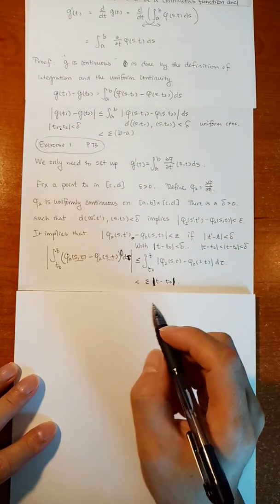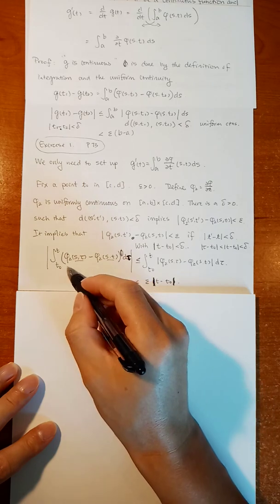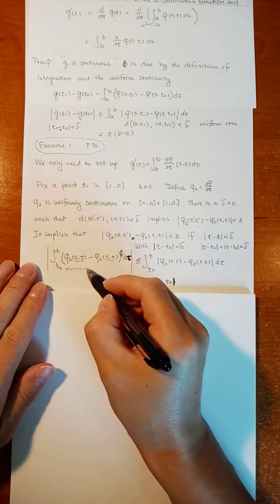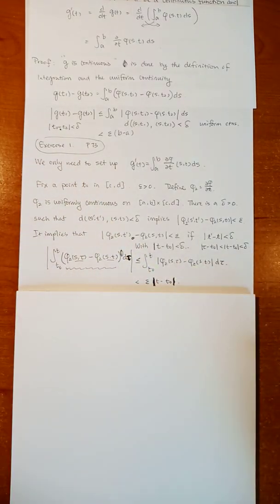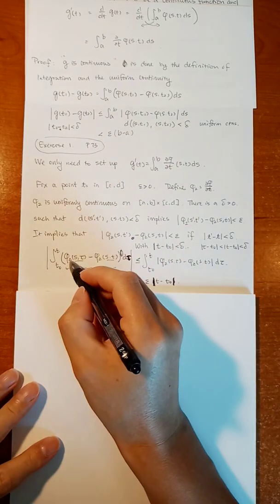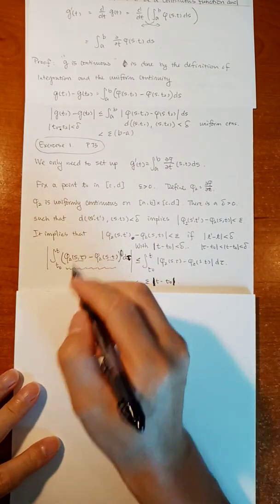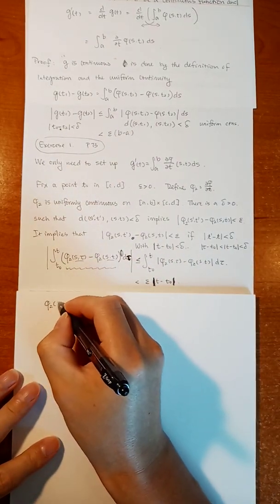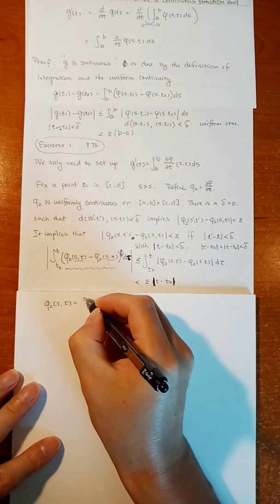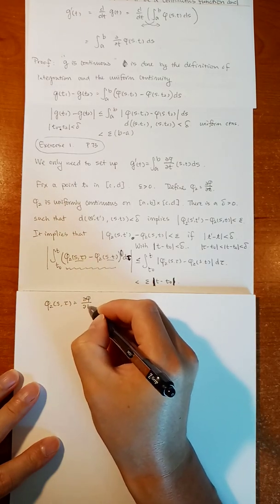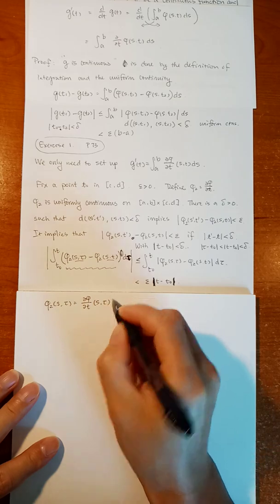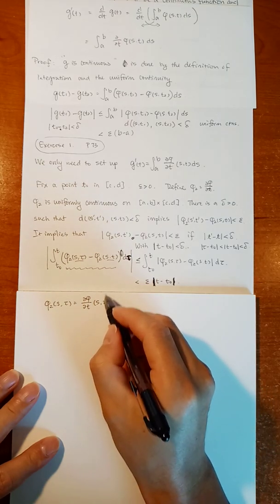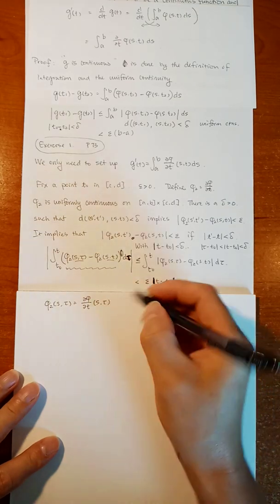Now let's check what this is. Phi 2 of (s, tau) is partial phi partial t at (s, tau). That's actually the derivative along the t coordinate.